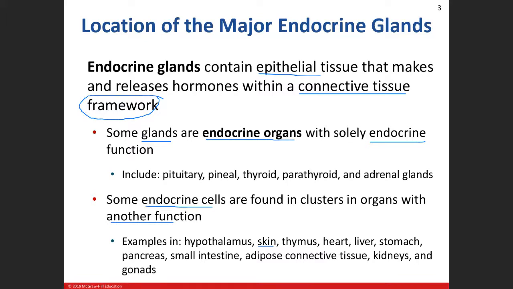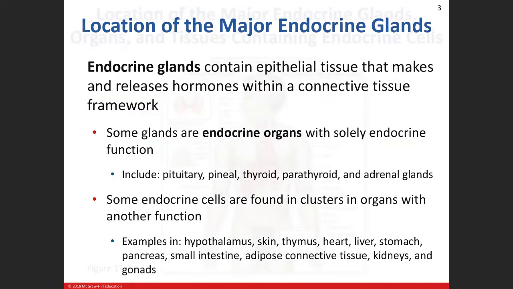One, it prevents dehydration, offers protection. So we'll see endocrine cells found within the heart, because believe it or not, your heart does secrete a hormone. So we'll get into all this stuff. Just keep that in mind. Some endocrine organs, purely endocrine function. Endocrine cells are also found in other organs that are not purely endocrine in function.